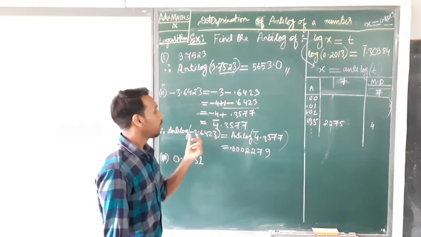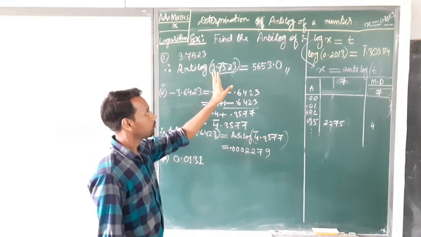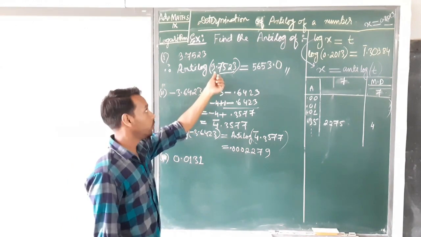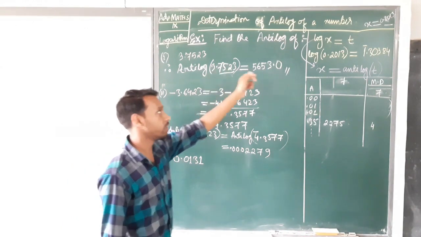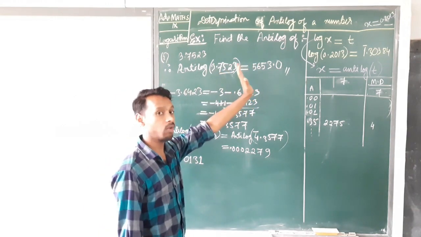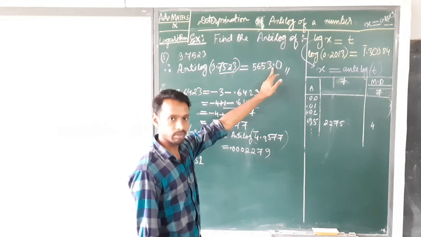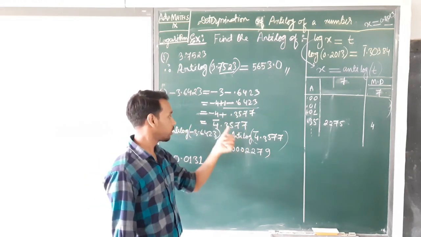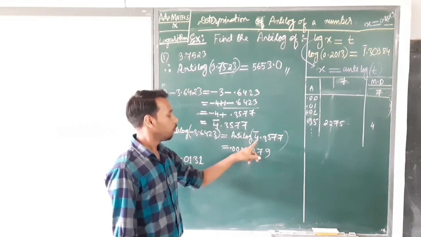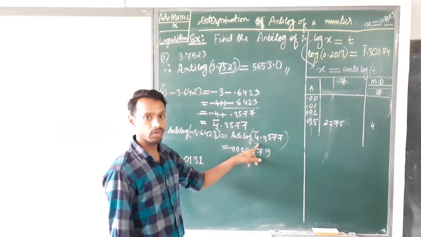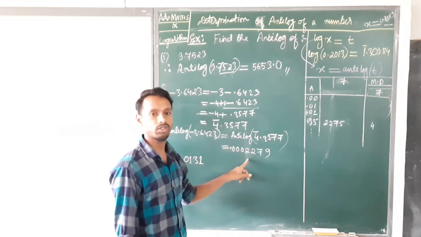I repeat, in this question, since the integral part is only 3, we use this integral part to put the decimal point. If it is 3, we count 1 more digit and then we put the decimal, so after 4 digits. Here this integral part is 4 bar because it was negative. So we use this integral part to put the number of zeros between the decimal point and the first non-zero digit.